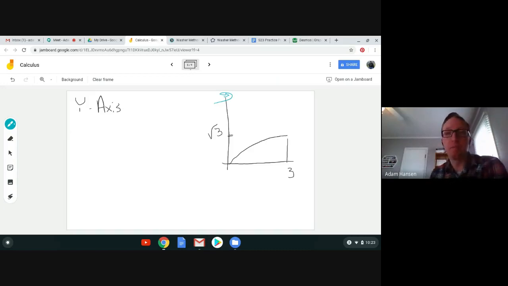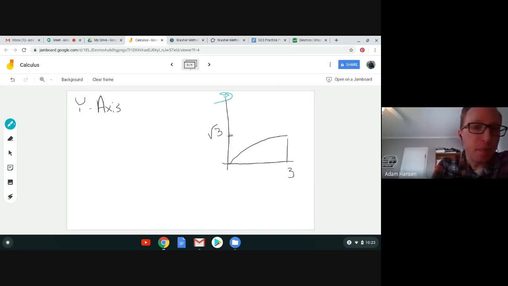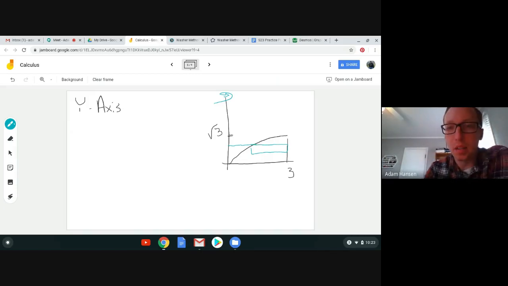Okay, take a guess here. Disk or washer? You would use the washer because there's a gap. There is a gap. That gap is right here. We're trying to rotate this region around the y-axis. Would it be dx or dy?